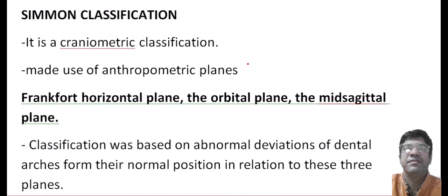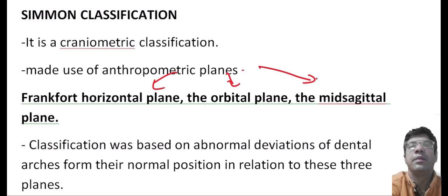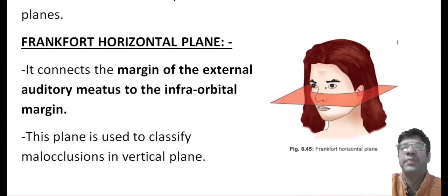Now Simon's classification is a craniometric classification. He classified malocclusion based on three planes: the Frankfurt horizontal plane, the orbital plane, and the midsagittal plane. This plane is the Frankfurt horizontal plane. It connects the external auditory meatus to the infraorbital margin.